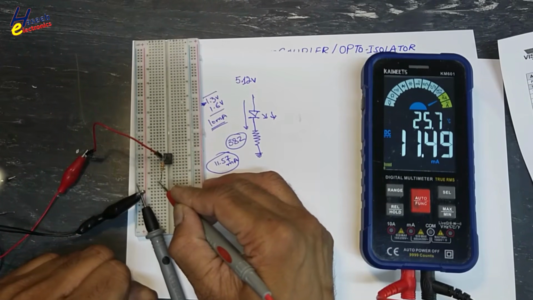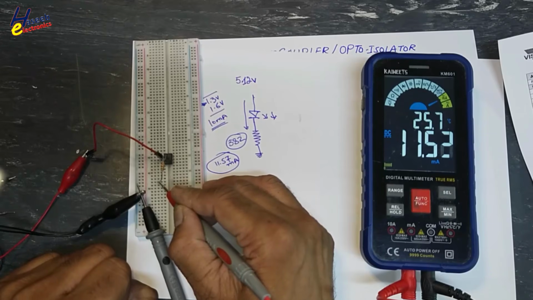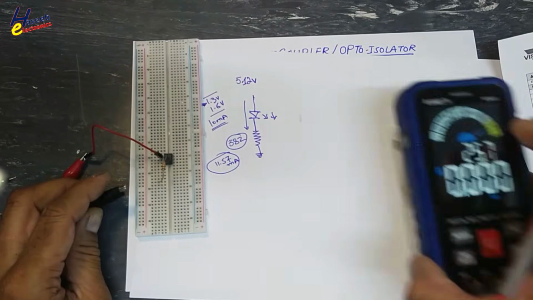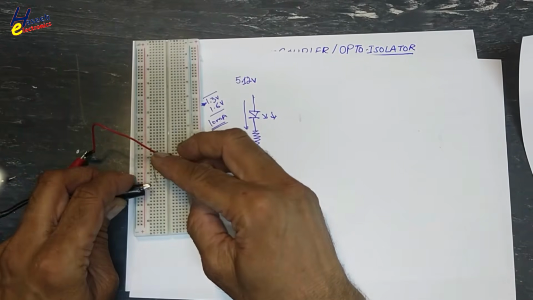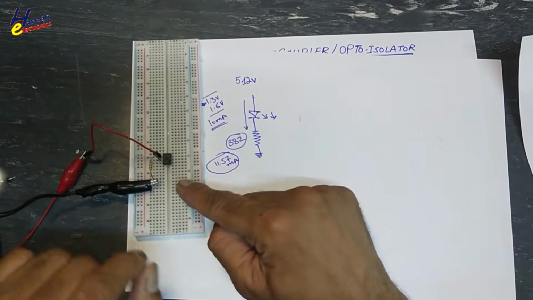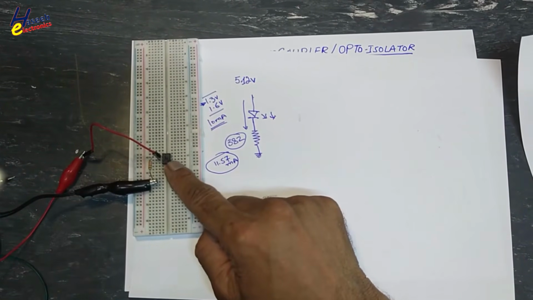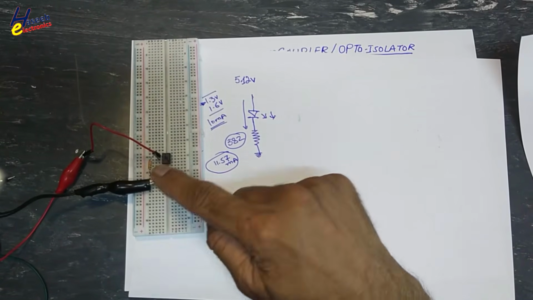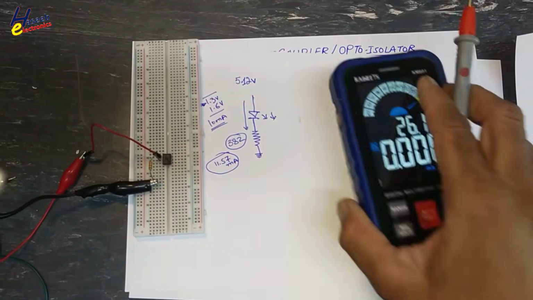We can say it is exactly our required value. We connected voltage source here with controlled resistor. Okay.